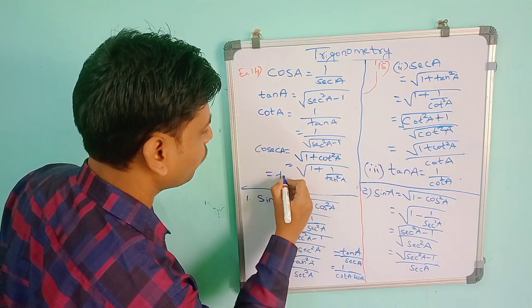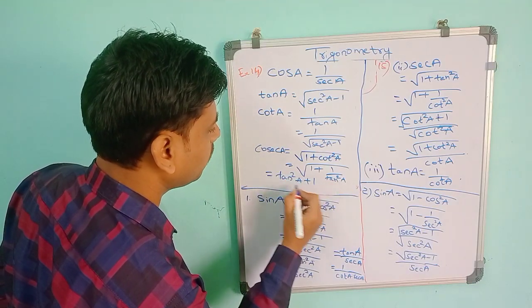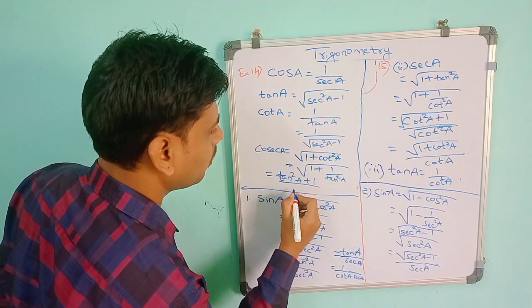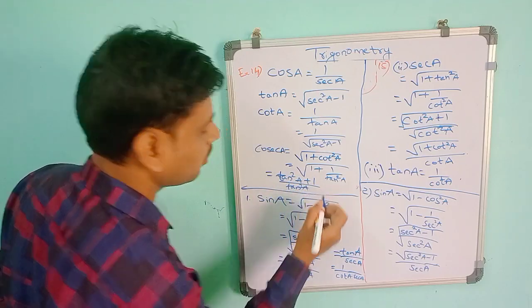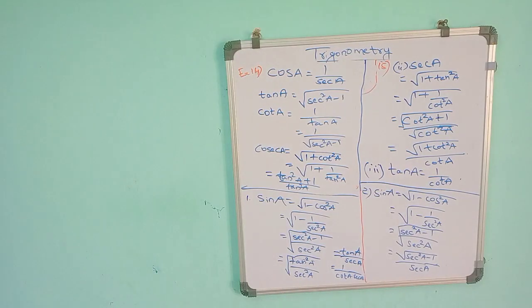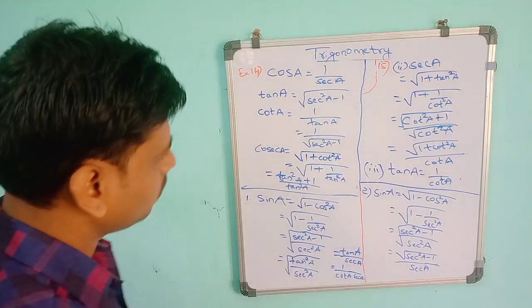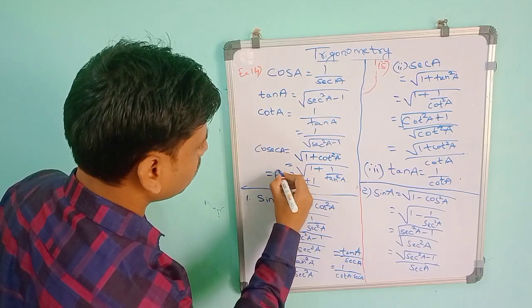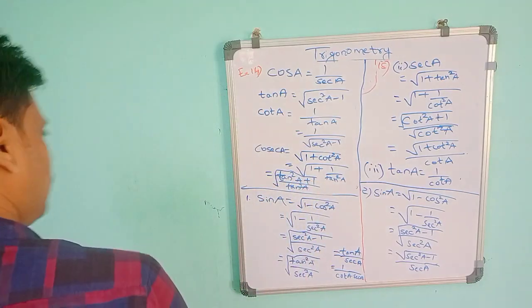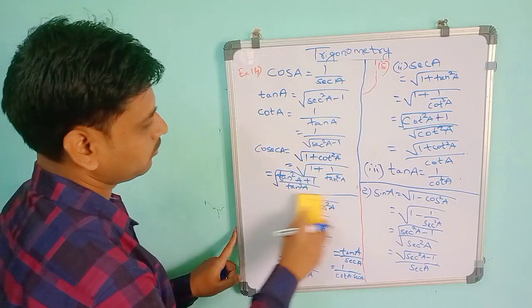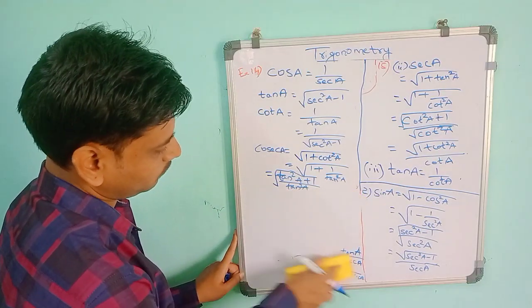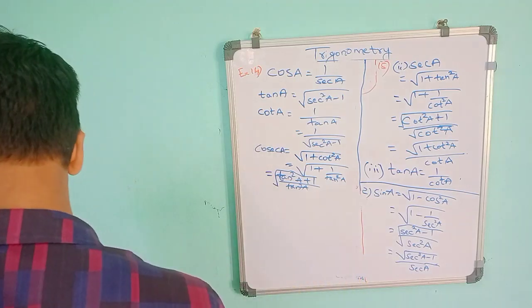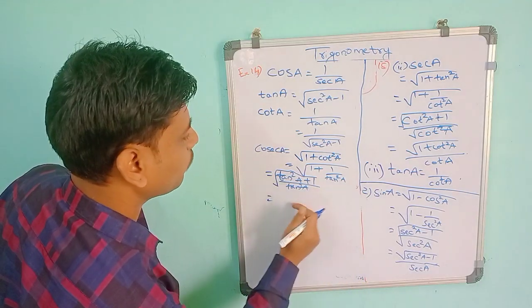We want sec, so directly convert cot into tan. Then the LCM will be tan square a plus 1 divided by tan square a, under the root.